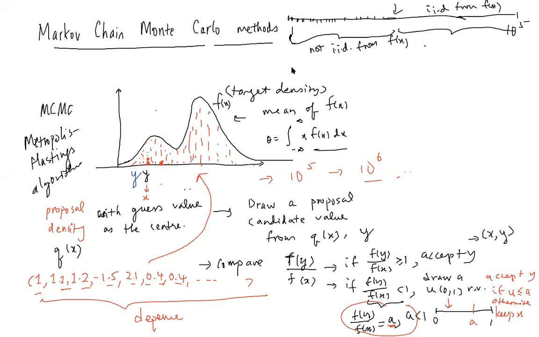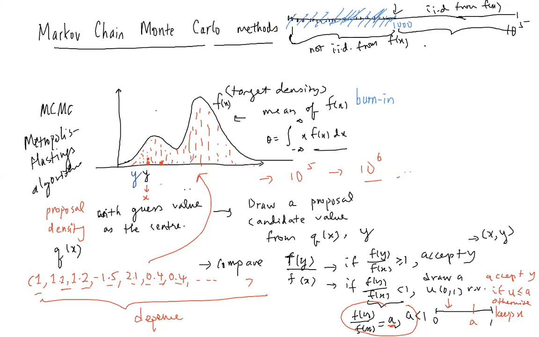So because of that, there is actually a term called burn-in. Burn-in is where you actually discard values. If your burn-in is something like 1,000, that means you actually throw away the values that you simulated at the beginning, right?